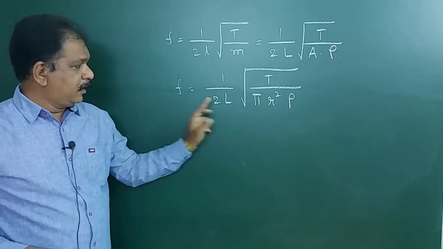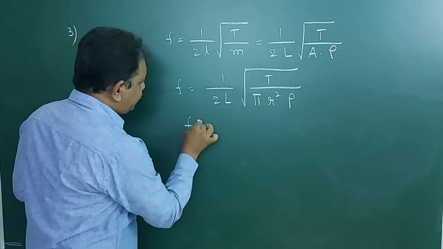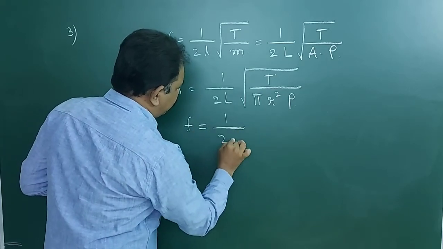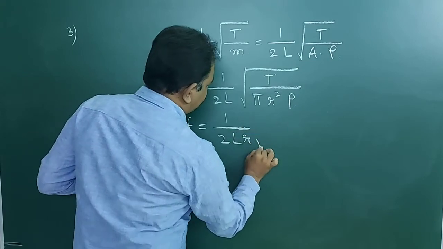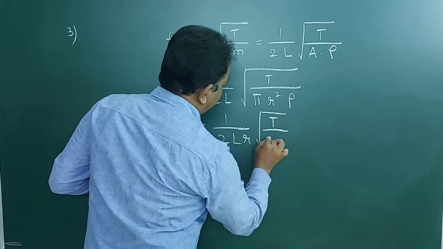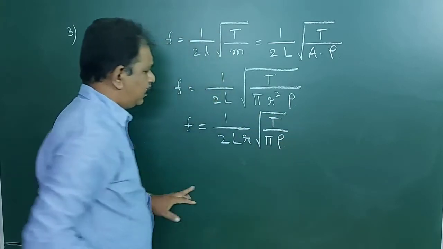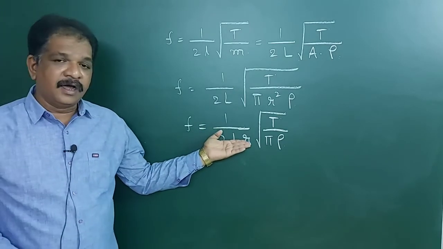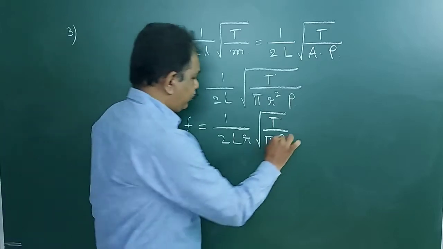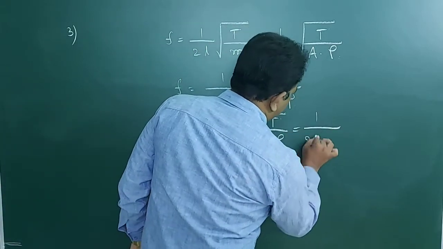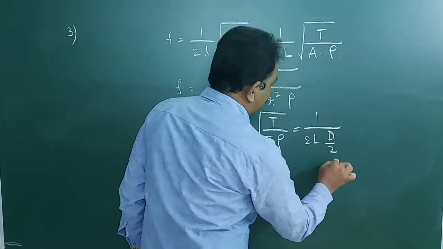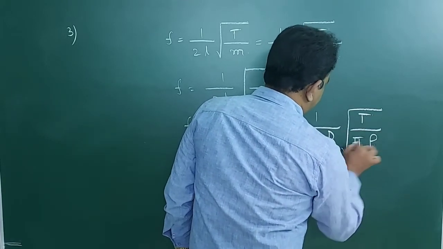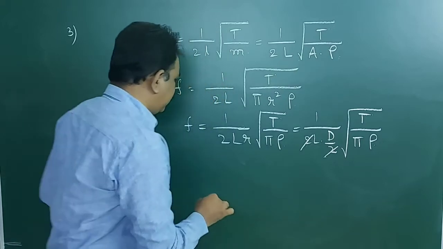This r I am taking out. f is equal to 1 by 2Lr root of T by pi rho. r I am writing in terms of diameter. r is equal to D by 2. 1 by 2L into D by 2, square root of T by pi rho. 2 will cancel.